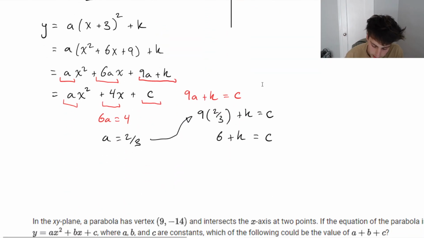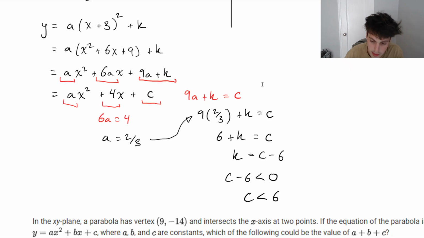Well, when k is less than 0, we know that k is just c minus 6. So if k is less than 0, that just means that c minus 6 is less than 0, or c is less than 6.